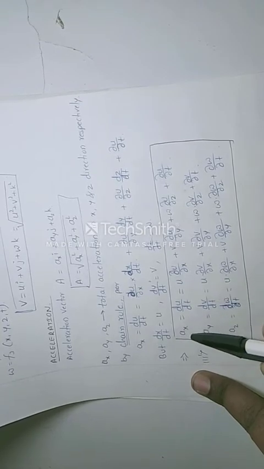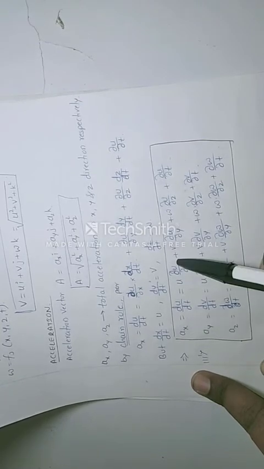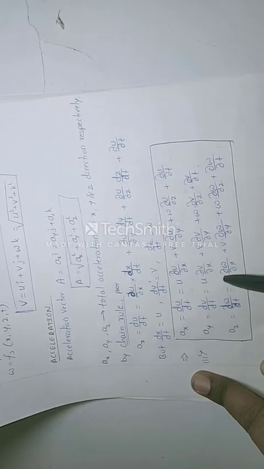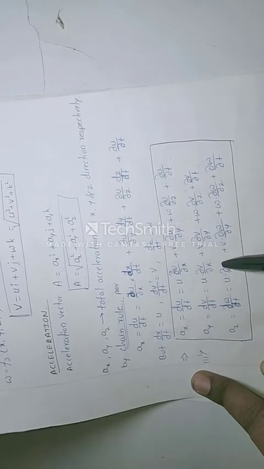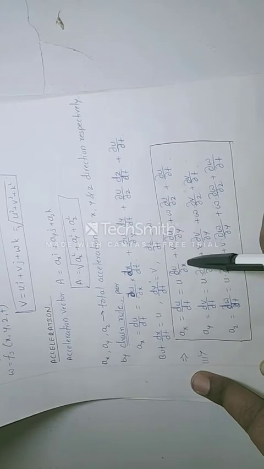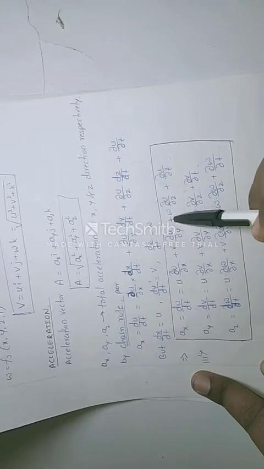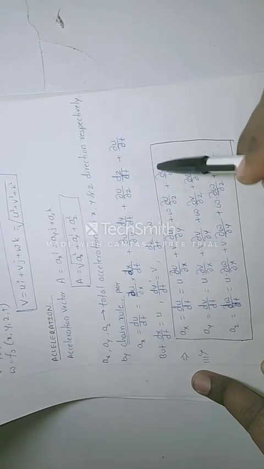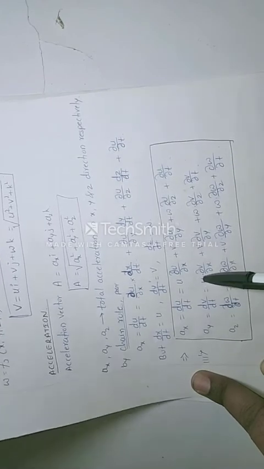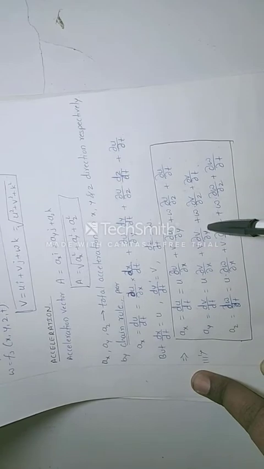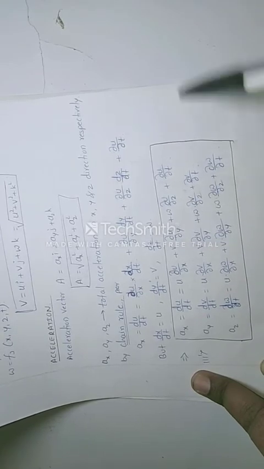If you are considering the x direction, you have to use u on this side; if you are considering the y direction, v here; and if you are considering the z direction, w here. So u dou u by dou x plus v dou u by dou y plus w dou u by dou z plus dou u by dou t. And similarly for ay, and similarly az.